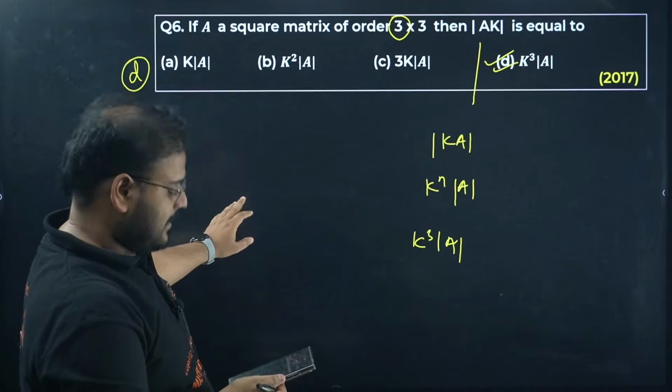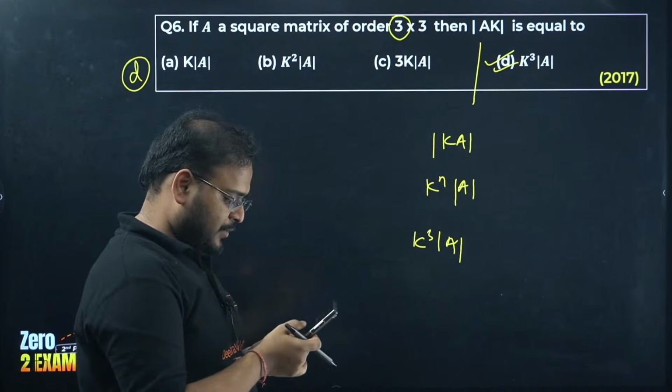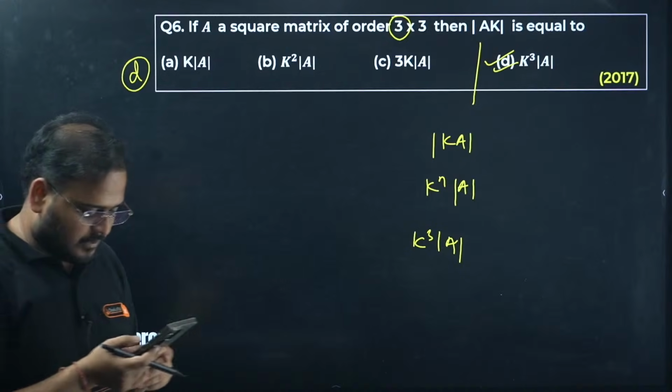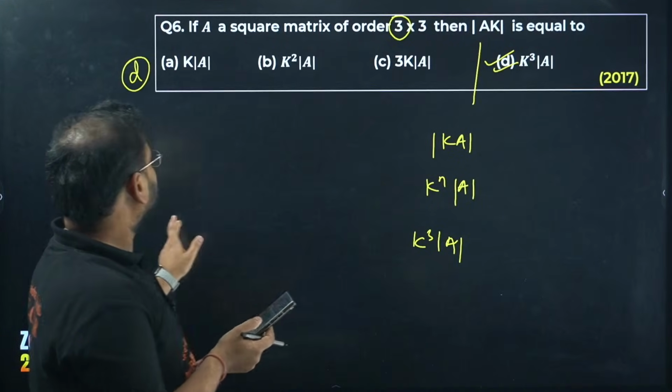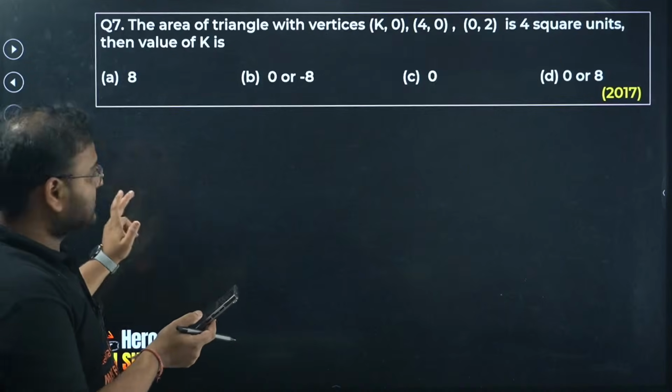Sixth is D. Correct. Super, Pradhyun. Super, good job. 5 is A, 6th is D. Moving on.